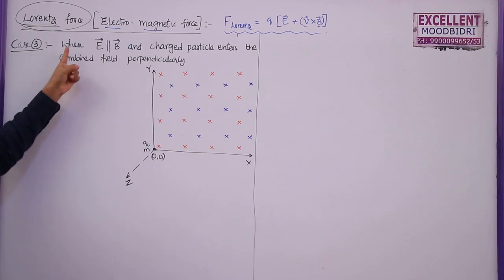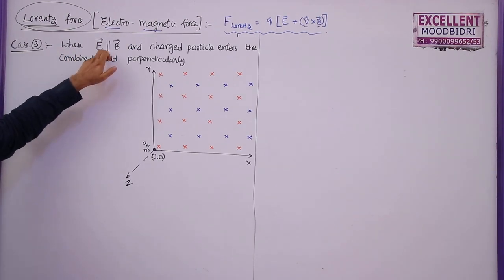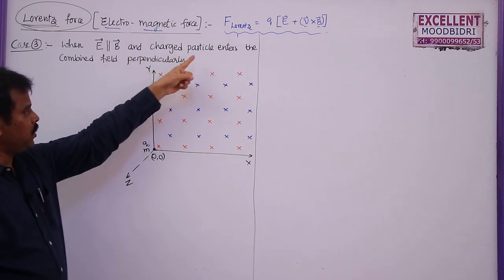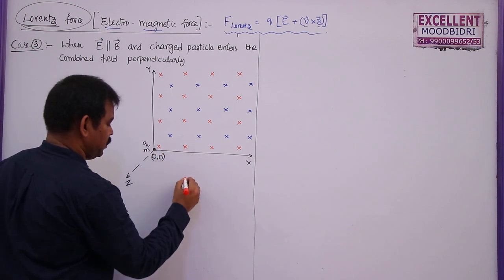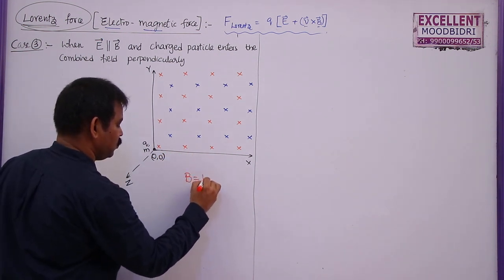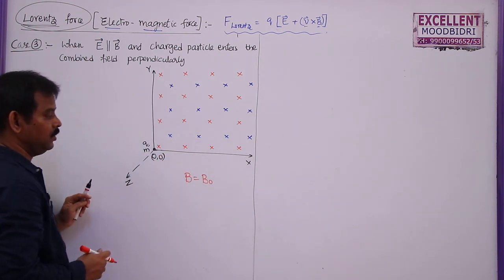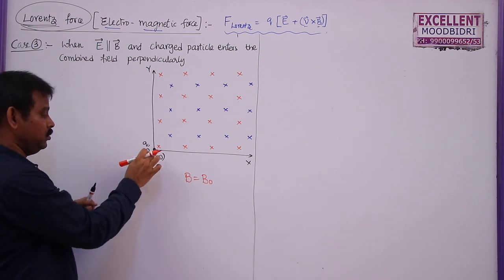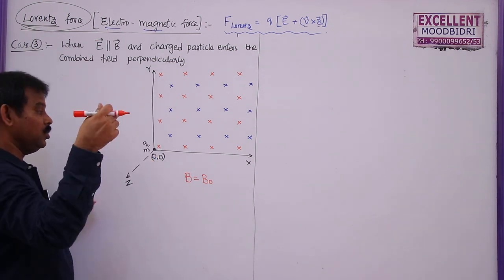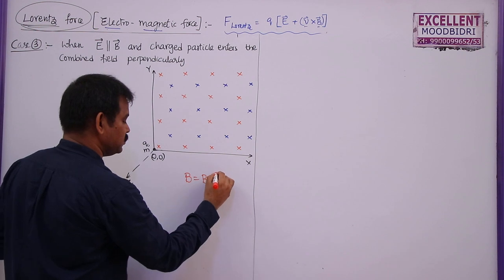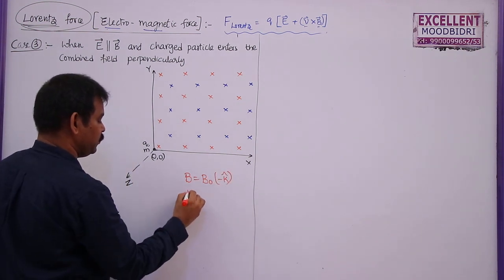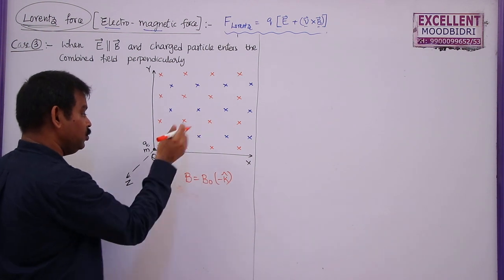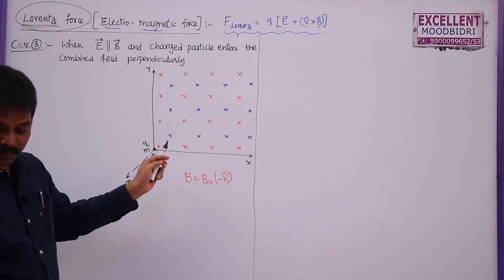The third case, when electric field is parallel to magnetic field and a charged particle enters into the combined field perpendicularly. Here red color one, B is equal to B naught, and it is acting into the board. So remember, this is z-axis. Into the board means minus z-axis. So minus k cap, and electric field also acting into the board only, but it is represented with blue color.